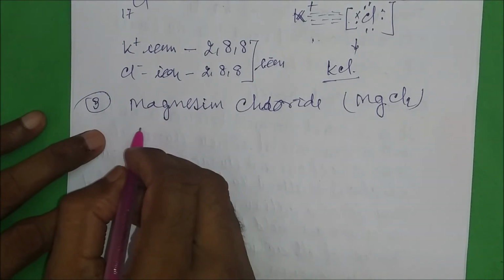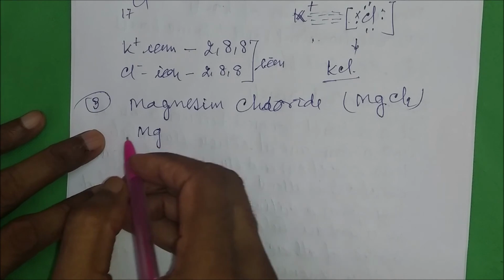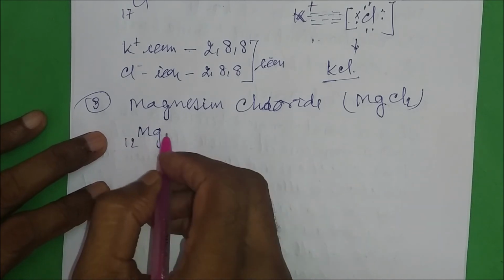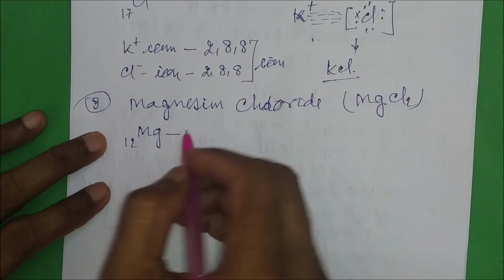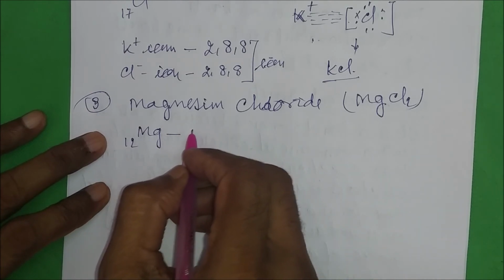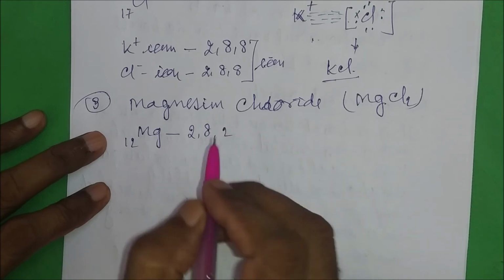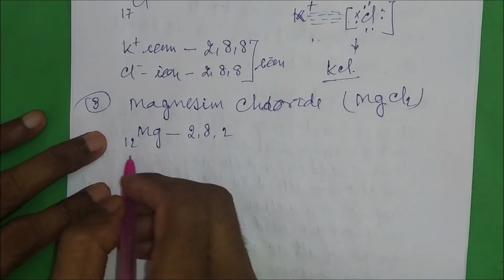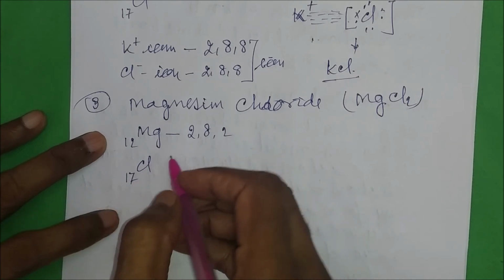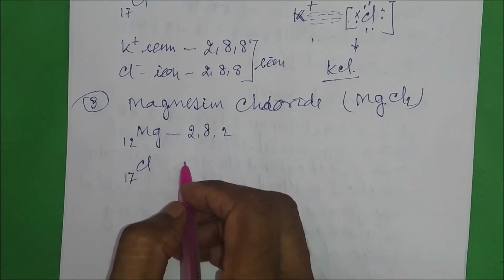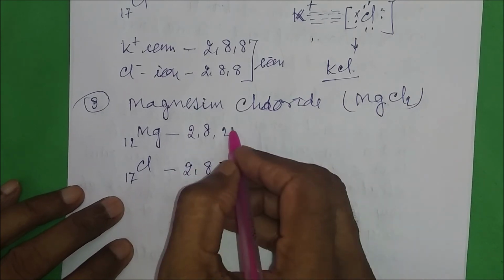So Mg, again you write here Mg. What is the atomic number? It is 12. So the electronic configuration will be 2, 8 and 2. Chlorine, again I said, is 17, so it will be 2, 8 and 7.